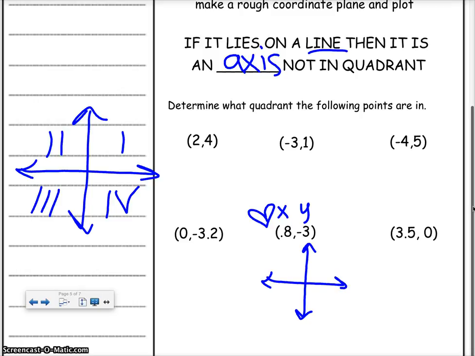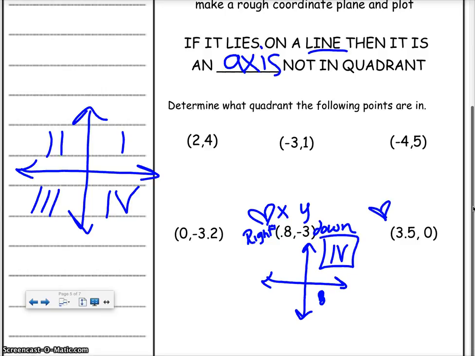My x is 0.8, that means I would be to the left. My y is, silly me, I would be to the right. My y is -3, that means that I would be down. So to the right and down would be over here somewhere.